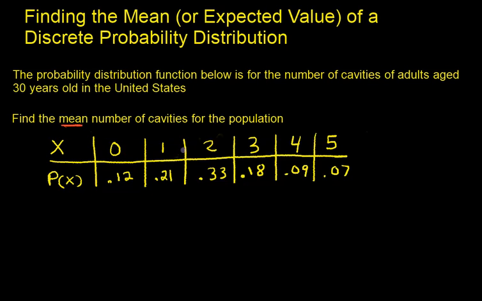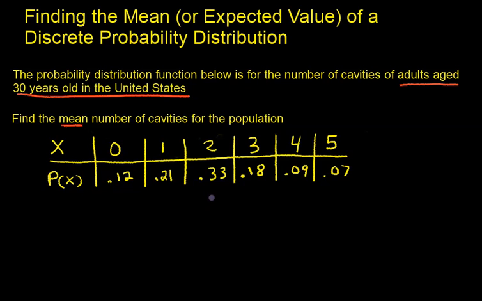The mean number of cavities is also called the expected value, so you'll see mean and expected value used interchangeably. The reason it's called expected value is that if we were to go out into the population, which is adults aged 30 years old in the United States, and observe someone, the expected value is how many cavities we would expect that person to have.